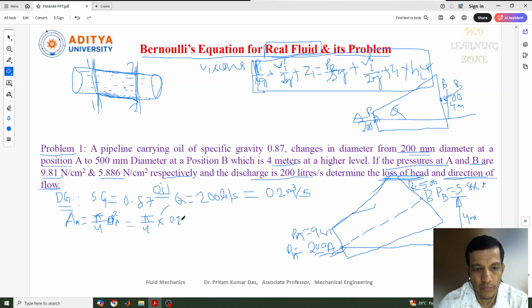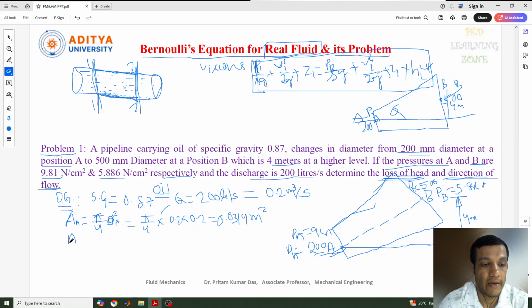So 0.2 into 0.2 is 0.04, and the 4 will be cancelled, so we get 0.01 into 3.14. So we get 0.0314 meter square.